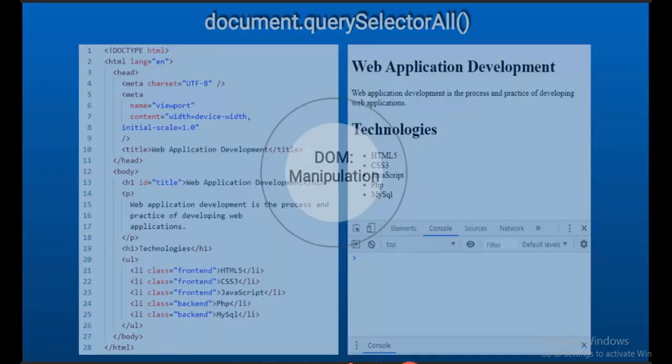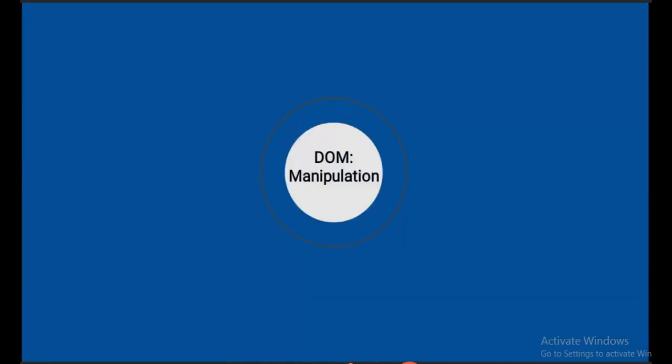Then we saw how to access a group of elements with the same class: document.getElementsByClassName. Then how to access elements with a tag: document.getElementsByTagName. Then we saw a condensed or generalized version, that is document.querySelector and document.querySelectorAll. So that is about DOM navigation, or accessing elements in the DOM through JavaScript.